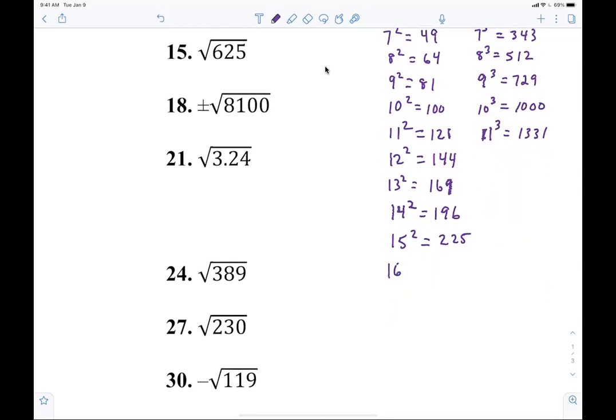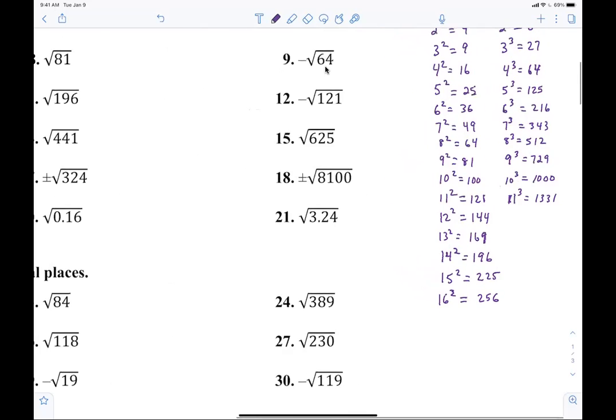And then 16 squared, 256. All right, so again, it's not that that's important, but if you did your multiplication facts, a lot of times you did the 15s, right? And so if you know that, that's pretty good.